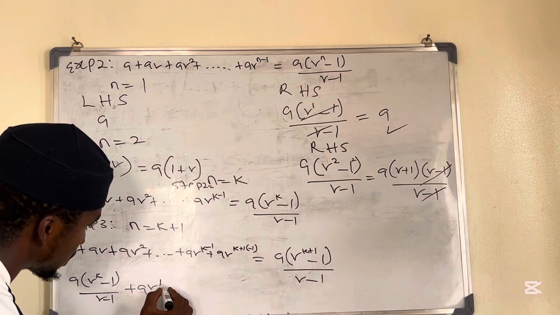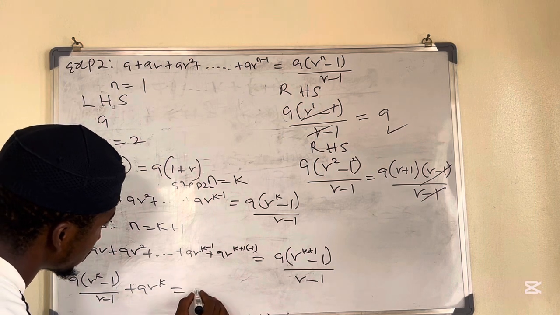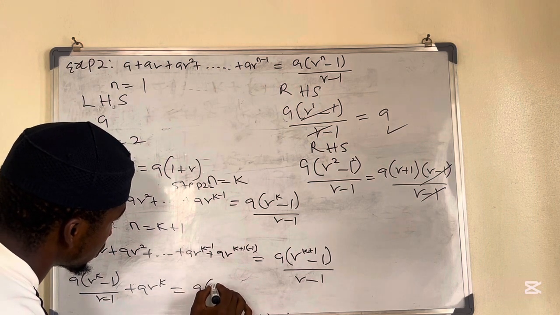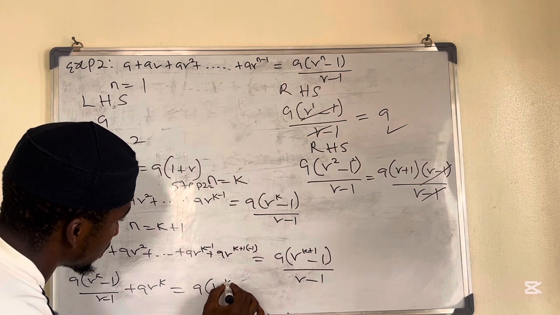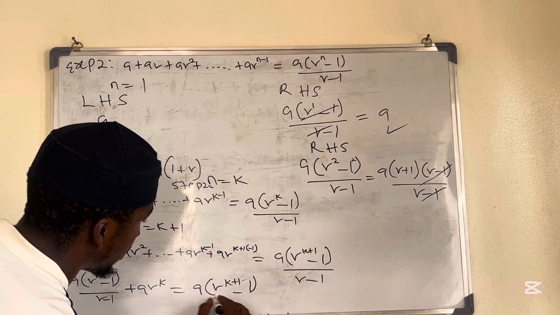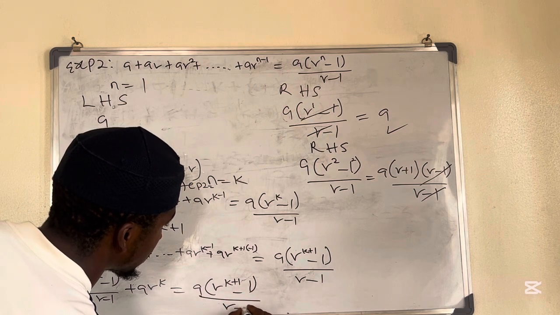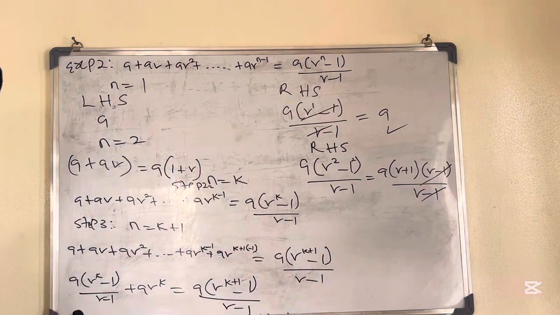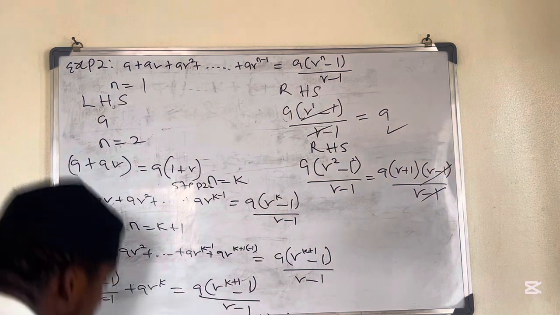So we're left with just k, which is equal to a into r to the k plus 1 minus 1 all over r minus 1. Let me quickly clean up.